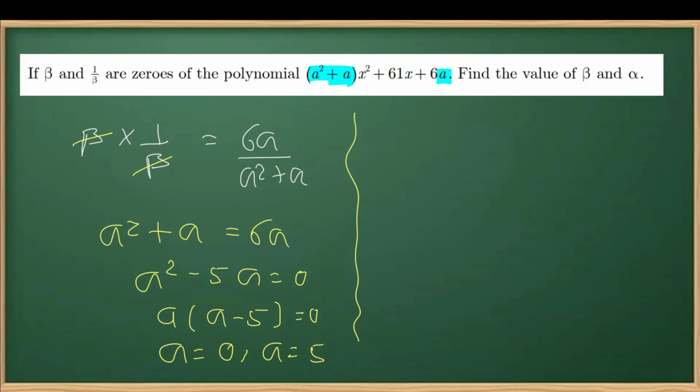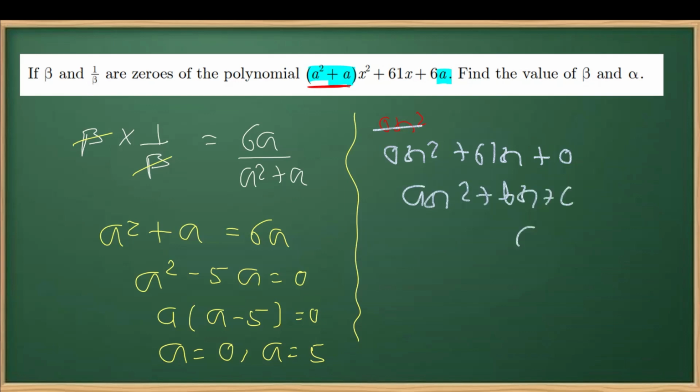Placing a as 0, we get 0 times x square plus 61x plus 0. As you know, a quadratic polynomial is in the form of ax square plus bx plus c. A should not be 0, right? So we should discard this value, with this reason for discarding it.